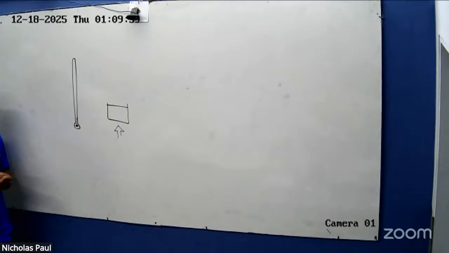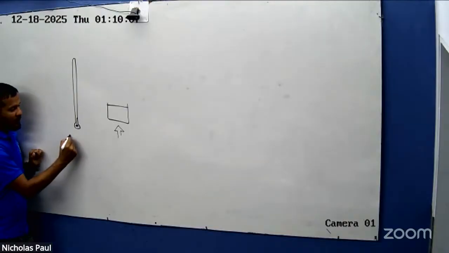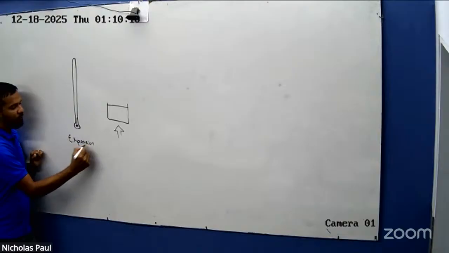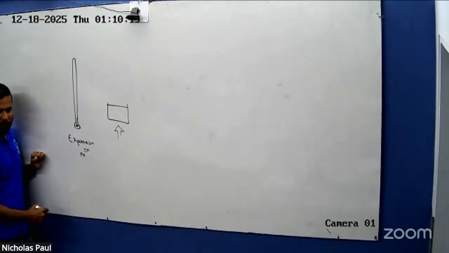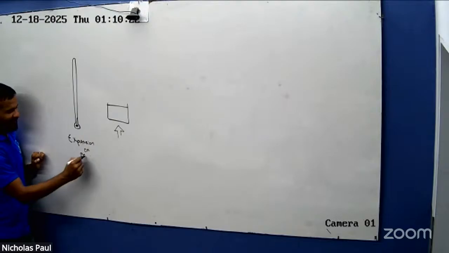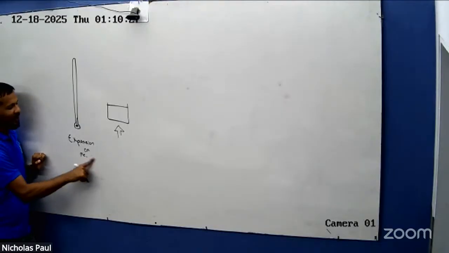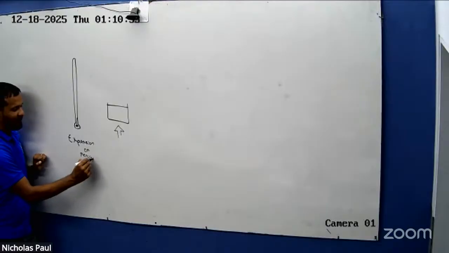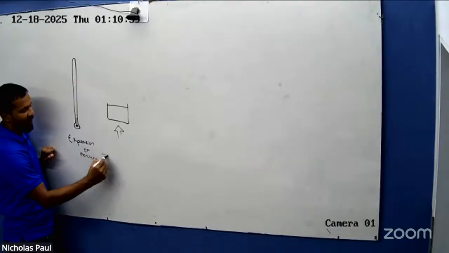So the expansion of the mercury varies with temperature. When we heat the mercury, the expansion of the mercury varies with temperature.